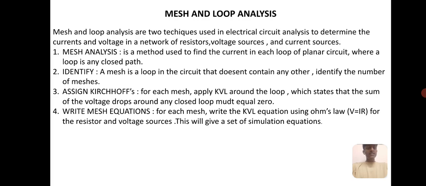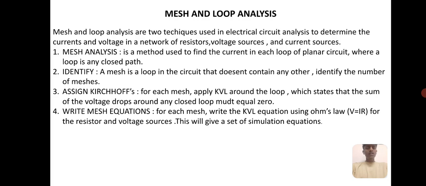It is a method used to find the current in each loop of a planar circuit, where a loop is any closed path. How to identify a mesh? A mesh is a loop in the circuit that doesn't contain any other loop. Identify the number of meshes.